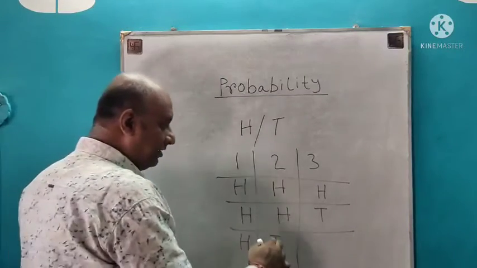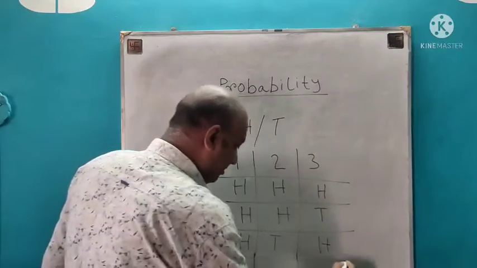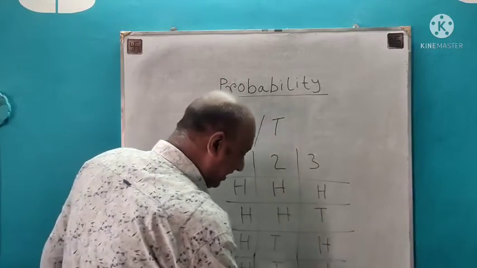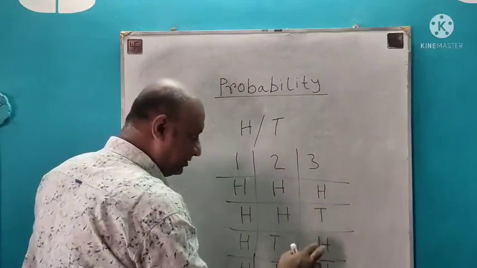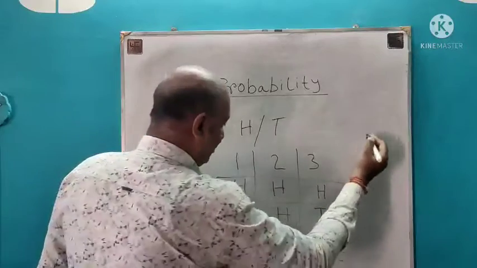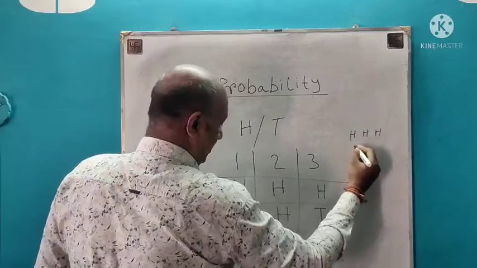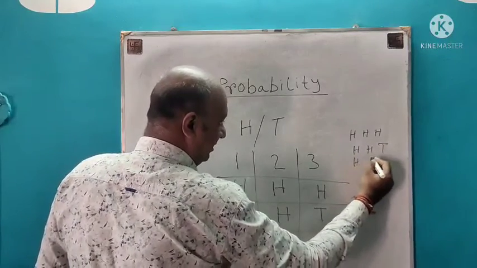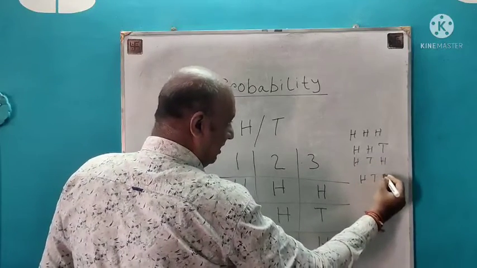Within that combination we can get a head on the third coin, and head in the first coin, tail in the second coin, we can get a tail in the third coin. So these are 4 different possibilities, but we have more. So let's write here: head head head, head head tail, head tail head, and head tail tail.